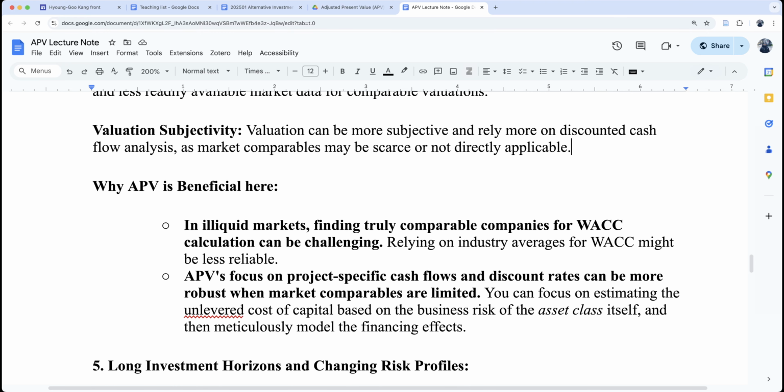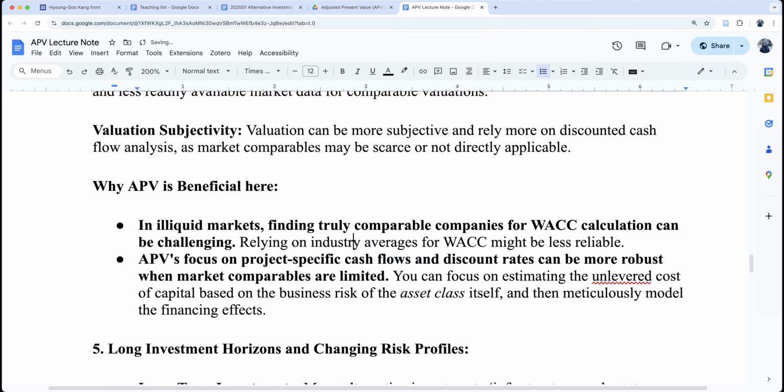Then why is APV better here? Straightforward. In illiquid markets, finding truly comparable companies for WACC calculation can be challenging. Relying on industry averages for WACC might be less reliable. APV is different. APV is focused on project-specific cash flows, and the discount rate can be more robust when market comparables are limited.